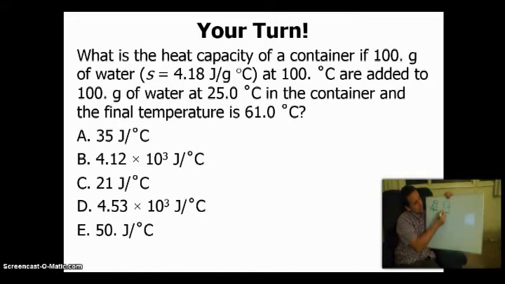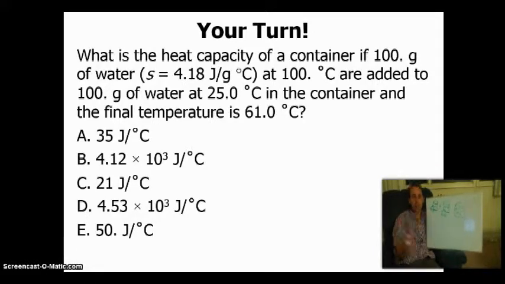And the result, when we add those two together into a third container, or I guess this is the resulting container that contains them both, but we'll just draw it here, it ends up being 61 degrees Celsius. Okay? So we want to know the heat capacity of the container.